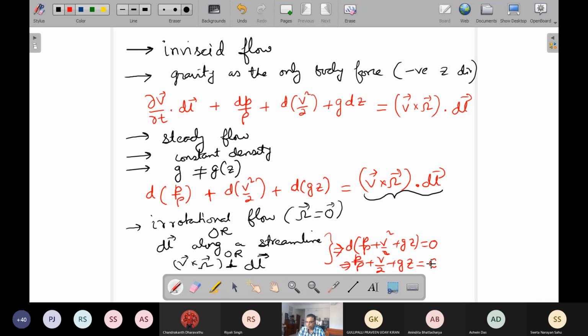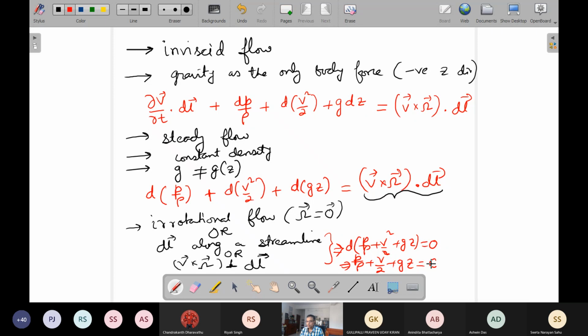So from here, what can we conclude? This is one of the very common questions, and perhaps a very favorite question in some of the interviews or other formats of exam at different levels. What are the assumptions that lead to Bernoulli's equation?